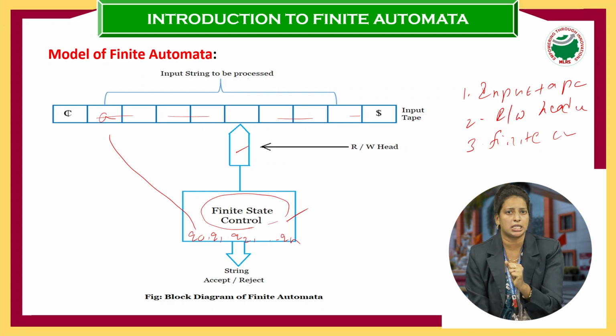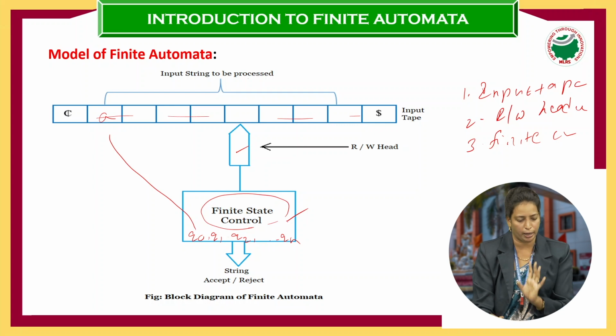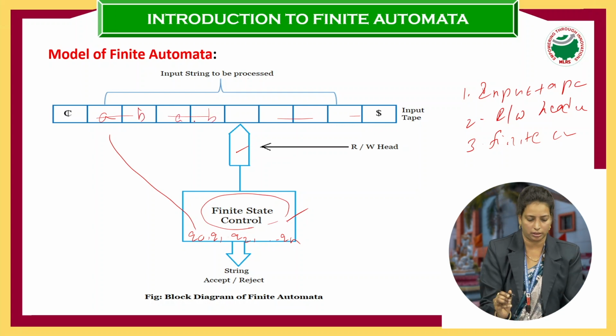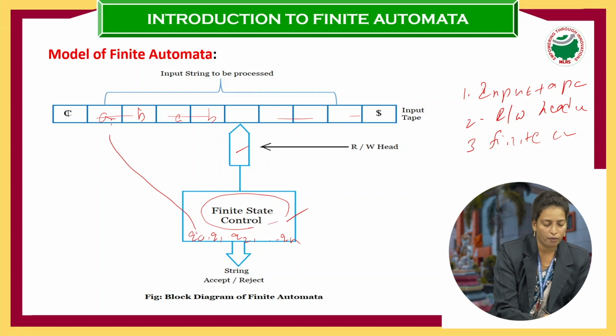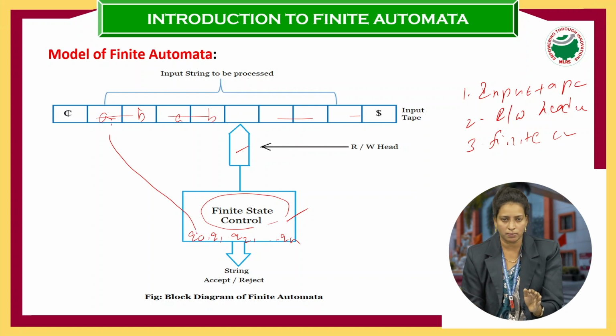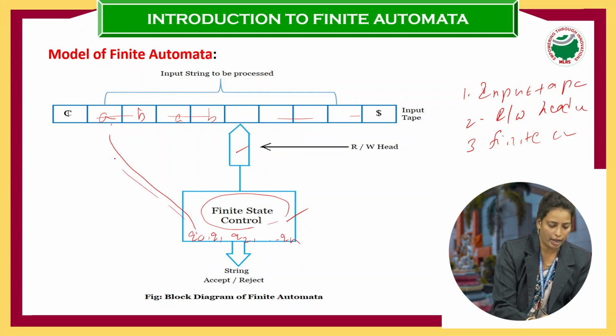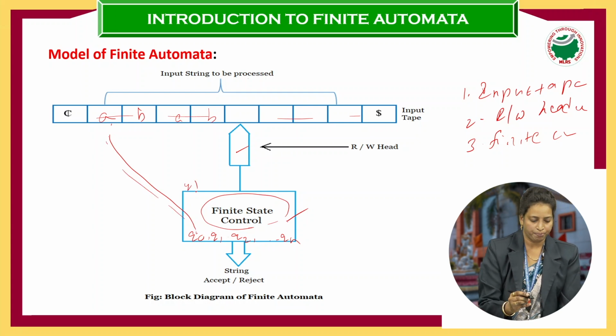Each and every cell is associated with one input, for example A, B, like that. For example, Q0 of A goes to the same state or another different state. For example, Q0 of A goes to the next state, that means it is Q1.